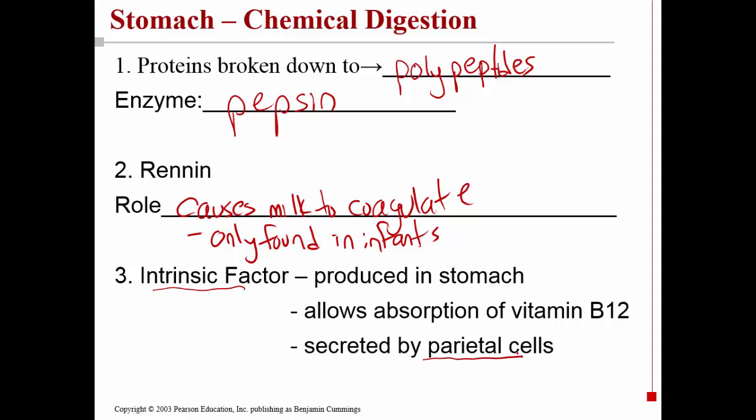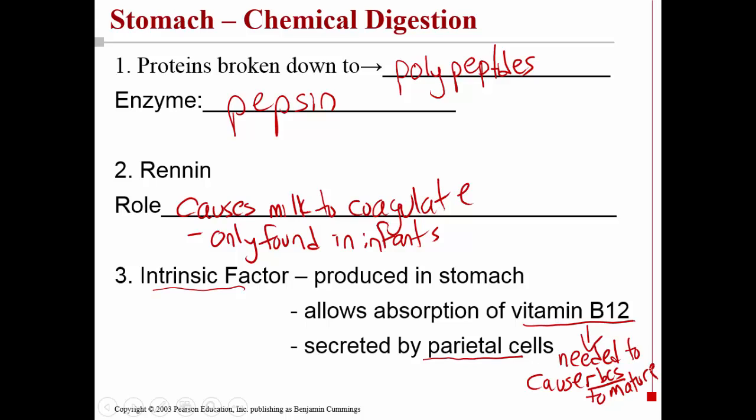So vitamin B12, if you remember from the other chapters, is needed to cause red blood cells to mature. So without intrinsic factor, it doesn't matter how much vitamin B12 is in your diet. You will not have the maturation of red blood cells, which will lead to anemia. Actually, the type of anemia it can lead to is called pernicious anemia.